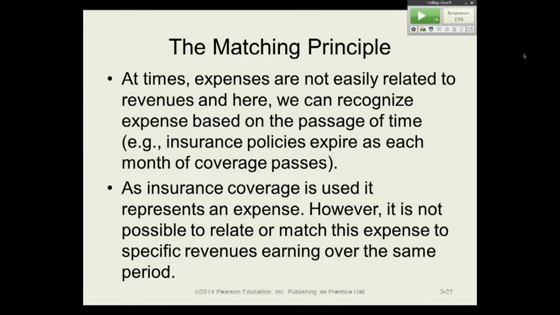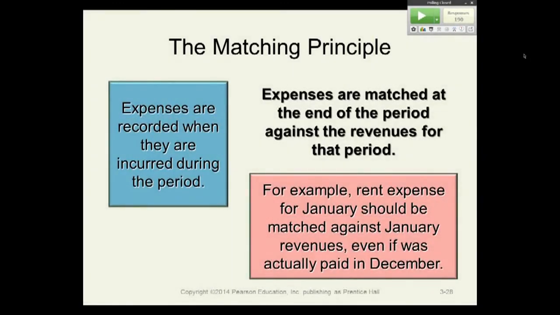So to summarize, you've got the expense recognition concept. And again, usually thinking of it as matching, revenues and expenses are going to be matched. We recognize expenses when, of course, they're incurred, regardless of when they're paid. And finally, I've got a question for you before you go.